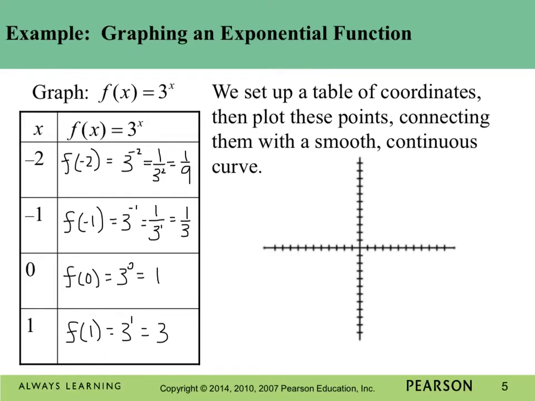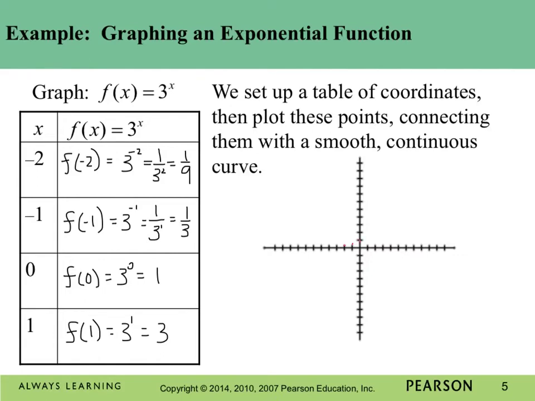Now at negative 2, we have 1/9, which is really hard for me to graph properly. It's really close to our y-axis. And negative 1 is at 1/3, which is just a little bit higher above the y-axis. And 0 is at 1. That's one that's a little bit easier to graph.